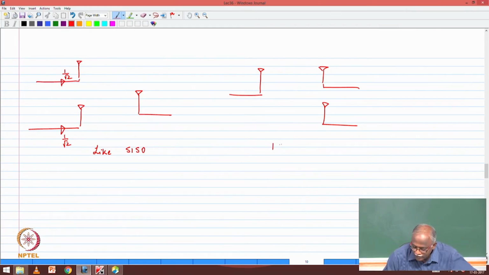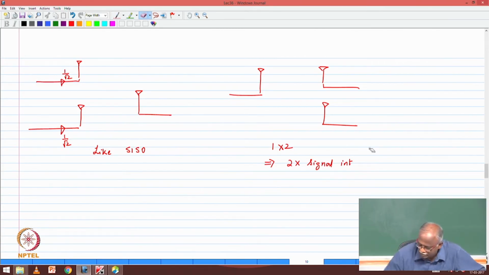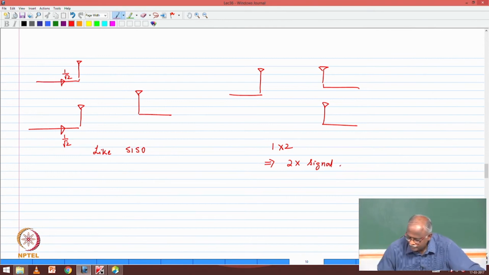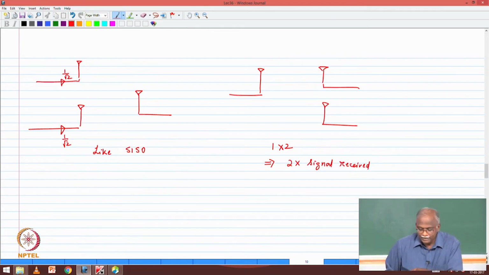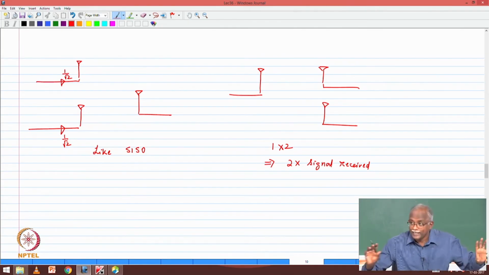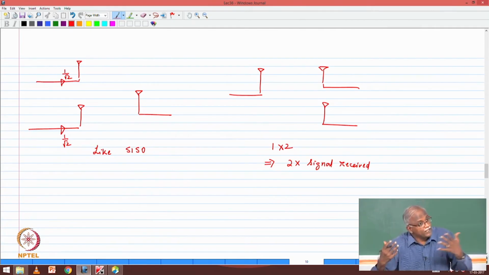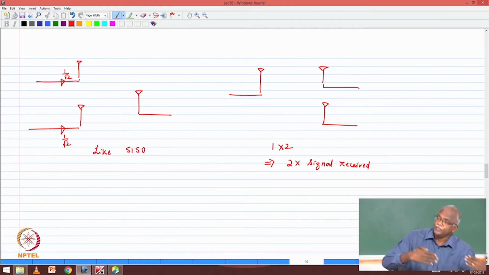So this is a 1 cross 2 system, which implies 2 times the signal received by a single antenna, and that is why receive diversity gives you array gain as well, because there are more antennas picking up energy. And because they are uncorrelated antennas, it's also giving you diversity gain.